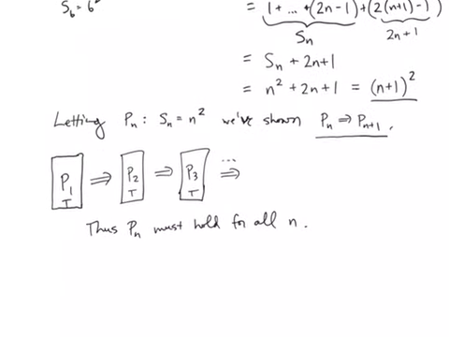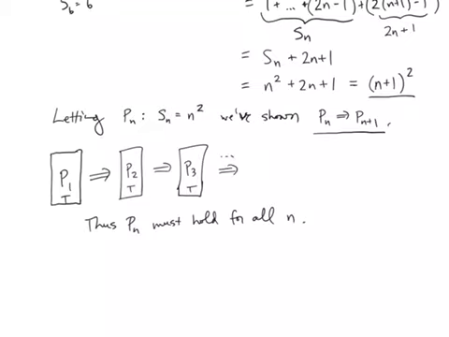The basic idea is that you think about these propositions as dominoes that are all lined up together. One way you can knock down an infinite row of dominoes is to knock down the first domino and then show that if you knock down any given domino, it knocks down the one after it. Because if the first knocks down the second, then the second knocks down the third, the third knocks down the fourth, and all the way down the line.